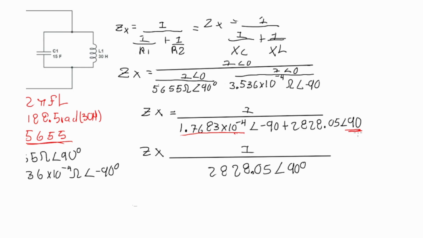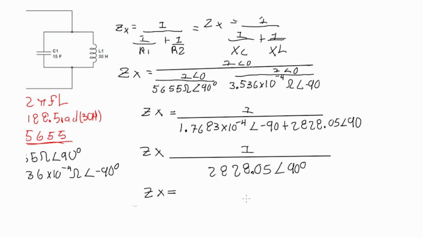So, when you are adding a capacitor and an inductor, with a negative phase angle and a positive one, the angle that will prevail is the one that has the largest reactance value. So if in this case the capacitor here, which has the minus 90 degrees angle, had a larger value, the angle will be minus 90 degrees.